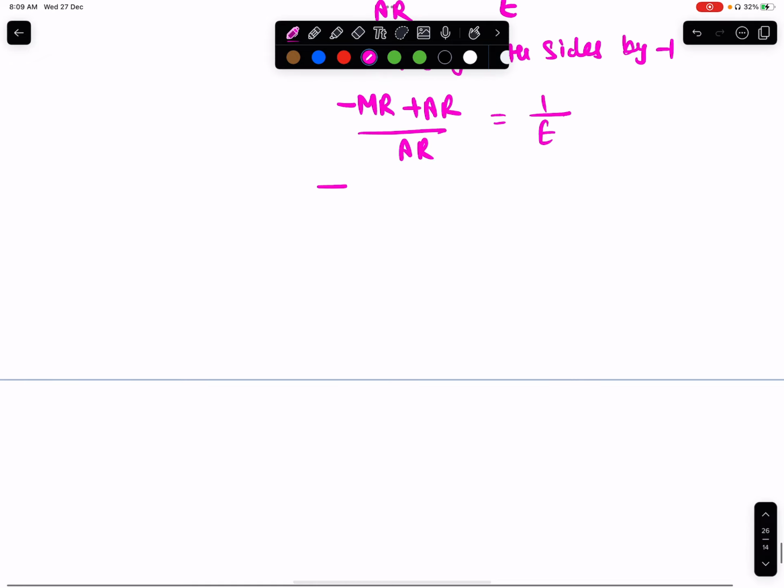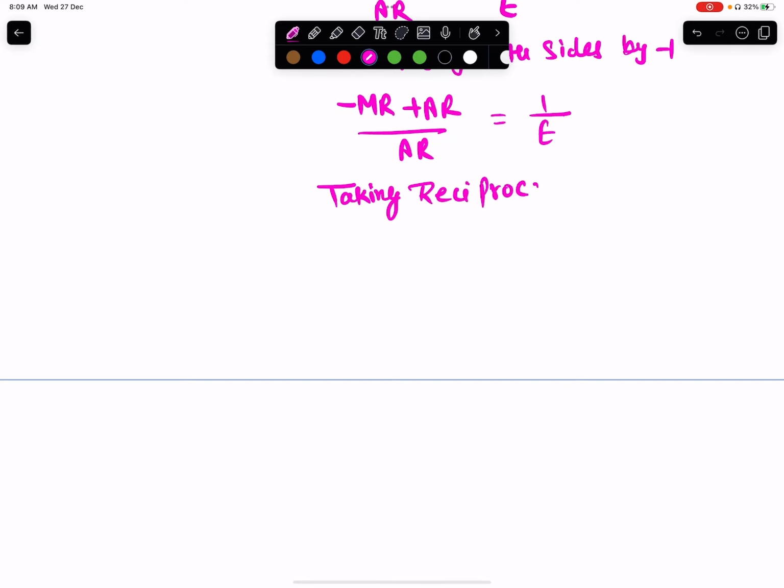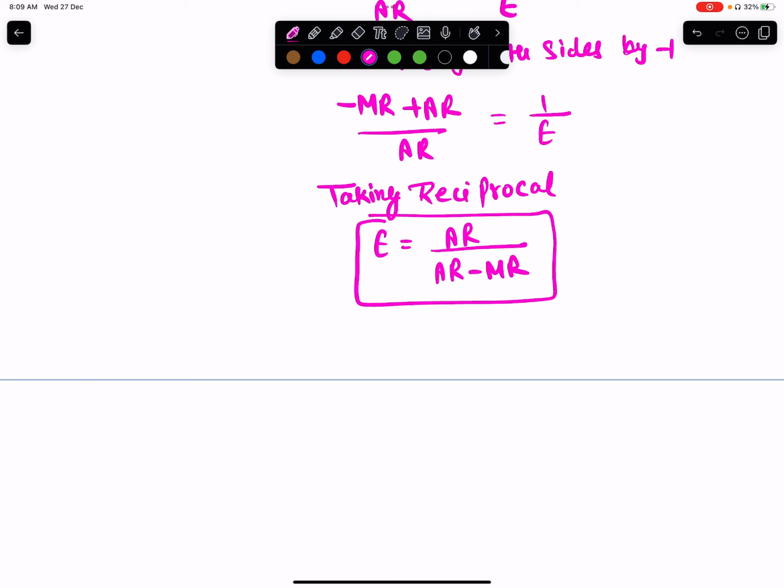Now taking reciprocal, e equals AR by AR minus MR. So this is our final answer, hence proved.